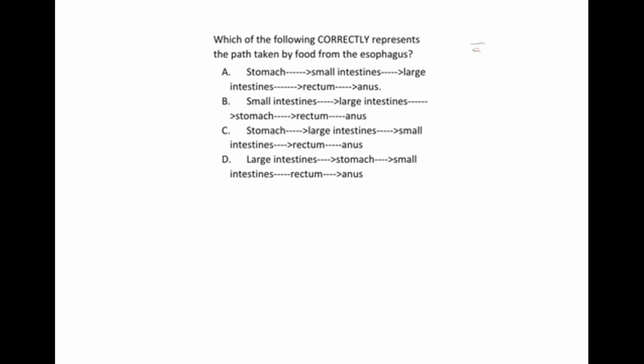We have the mouth, we have the esophagus there, which is a long tube that connects the mouth to the stomach. From the stomach, we have the small intestine. Then from there we have the large intestine.